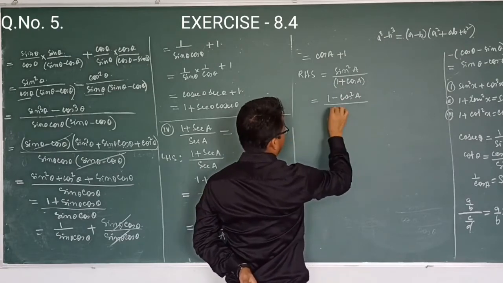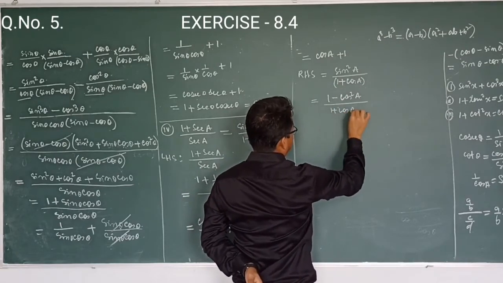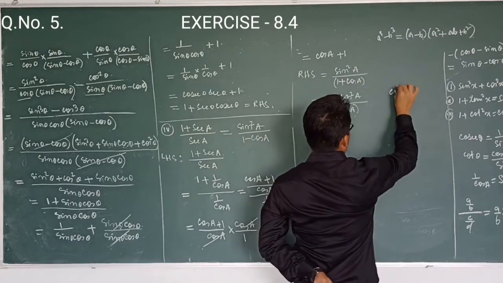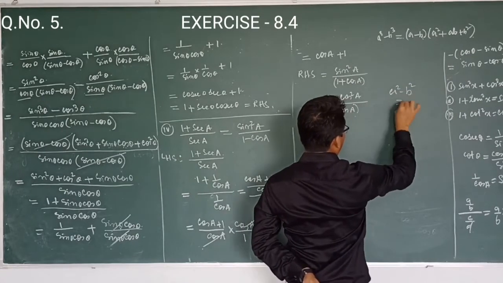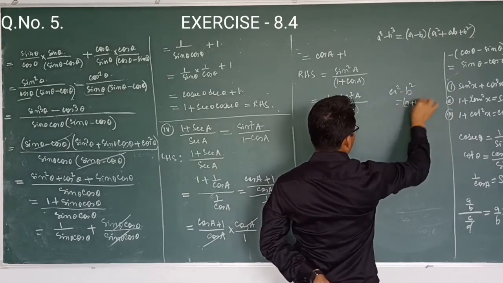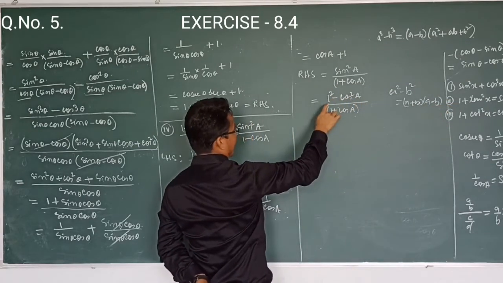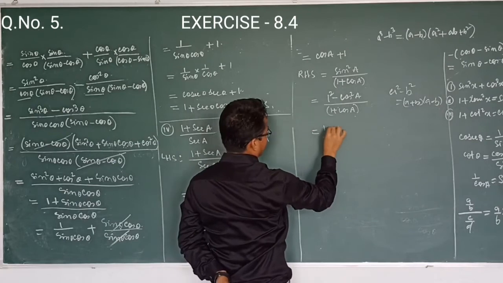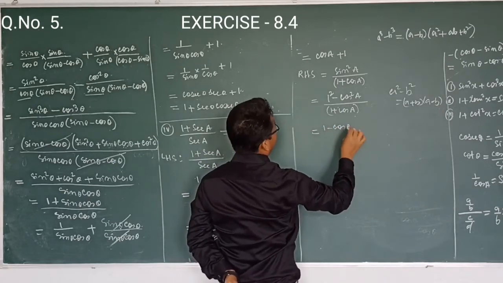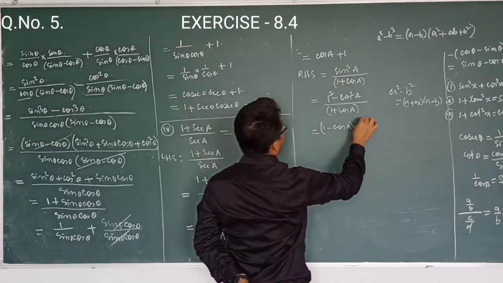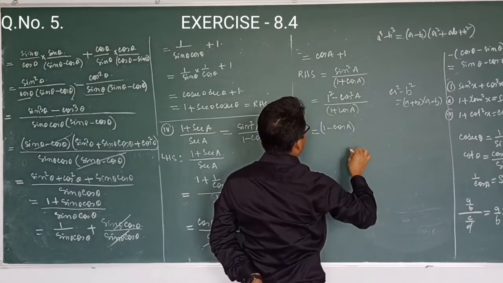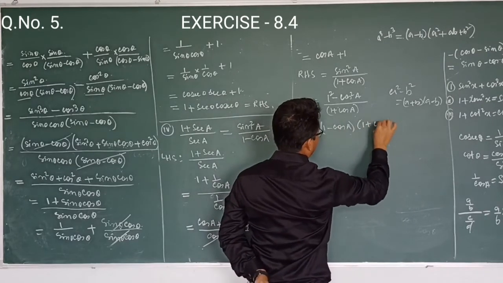Okay, this is 1 plus cos a. So we use the a square minus b square formula. So you already know that a plus b, a minus b. Okay, so the same we are doing here. 1 means 1 square, then this is 1 minus cos a, and 1 plus cos a.